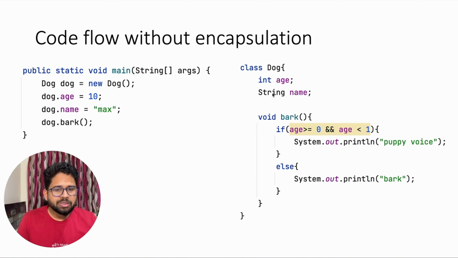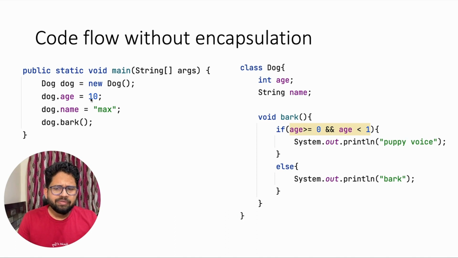No. Let's say developer 1 coded the class Dog and developer 2 coded the other method. Now this developer sets the value of age as -1. Somehow there are multiple people working in a company or contributing to the same code, and that person has set the value as -1.